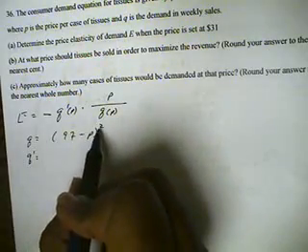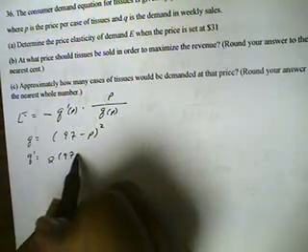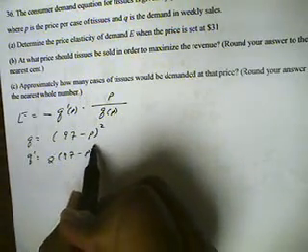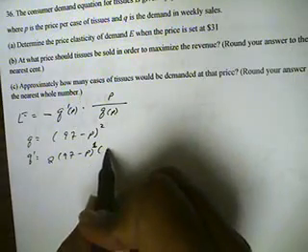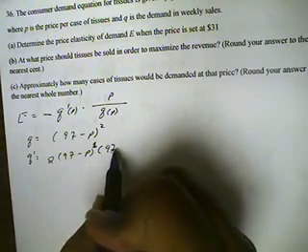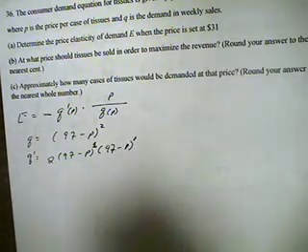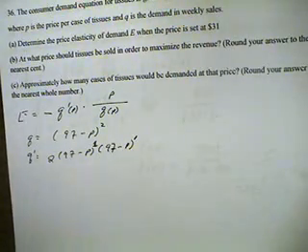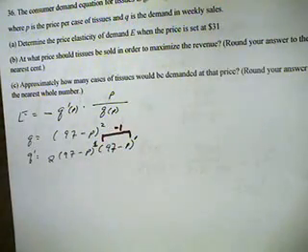Then the derivative, I'll use the chain rule, so this will be 2 times the function here, 97 minus P, now to the first power, make that look like a 1, and then times 97 minus P derivative. Okay, the derivative of 97 minus P will be negative 1.